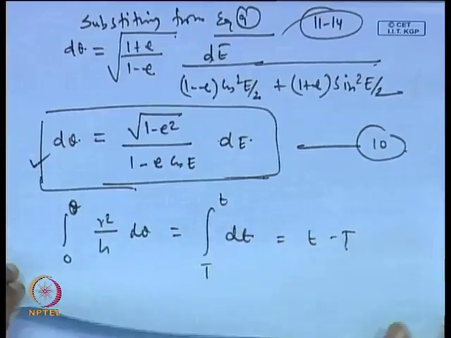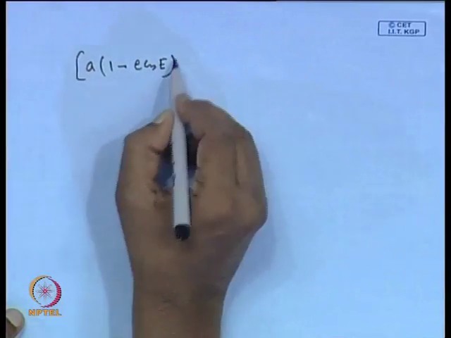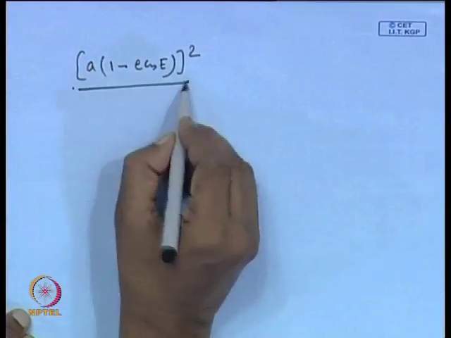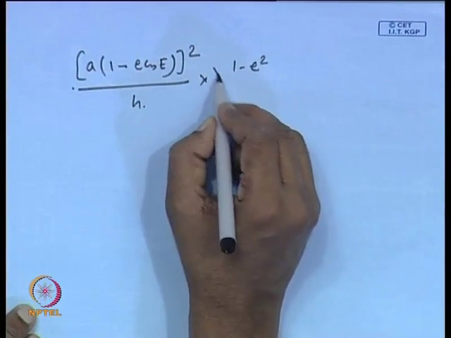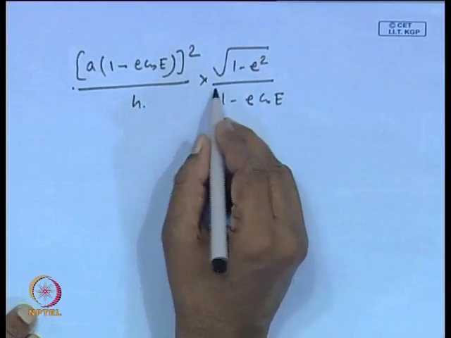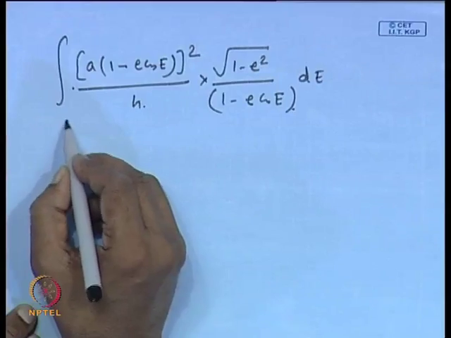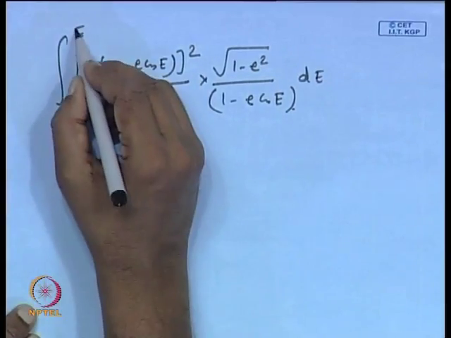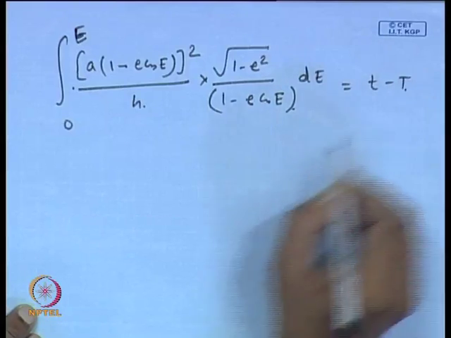So, if we do this substitution, we get a times 1 minus e cos E whole square divided by h, and d theta is square root of 1 minus e square divided by 1 minus e cos E dE, integrating it between the limits. So, the limits change from theta to E, and on the right hand side this is t minus t0.